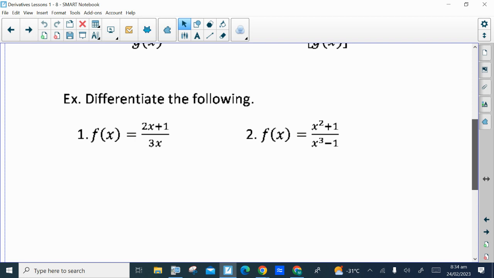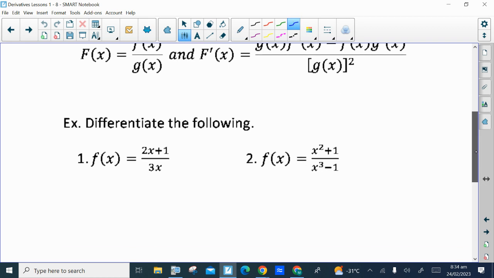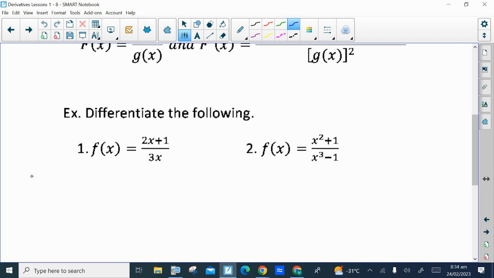Now, yesterday we also saw that in many cases when you have a product, you could multiply them out, simplify first, differentiate after. In this case, you normally can't do that because you might have the urge to say, let's say that you wanted to divide both terms on top by the 3x on the bottom.